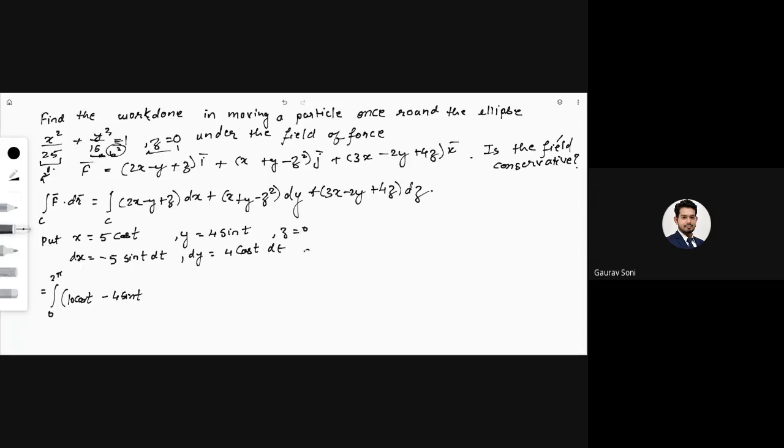So dz will be equal to 0. 10 cos t minus 4 sin t, dx is nothing but minus 5 sin t dt, plus in the second bracket 5 cos t plus 4 sin t, dy is 4 cos t dt.